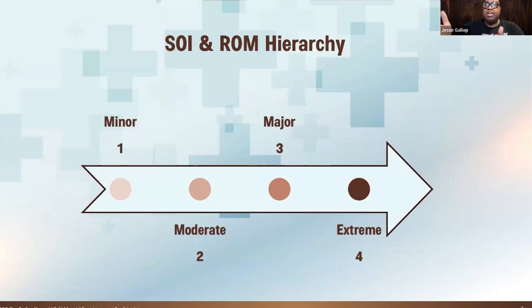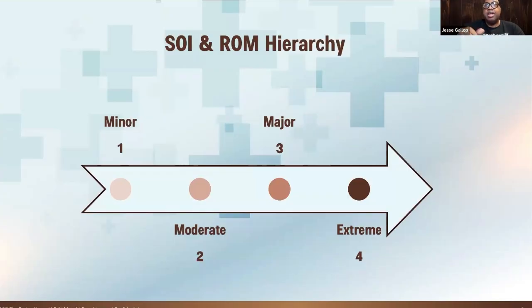Both of them have a scale of 1 to 4, but as I mentioned earlier, the SOI is the only thing that is going to affect the DRG weight for an APR-DRG. And the hierarchy goes from 1 to 4, which is minor, moderate, major, and extreme.